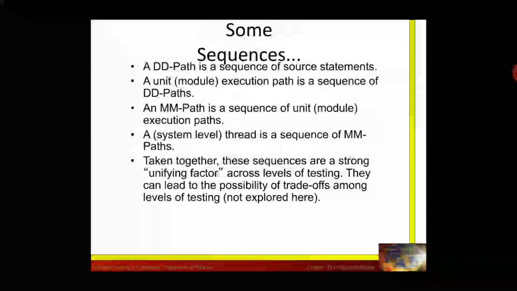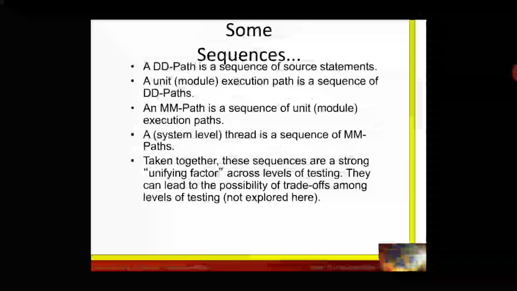Some other sequences will come, like the DD path sequence, source elements and all. These are out of syllabus, just for understanding purpose. A DD path is a sequence of source statements. A unit execution path is a sequence of DD paths, whereas an MM path is a sequence of unit execution paths. This is the module execution.